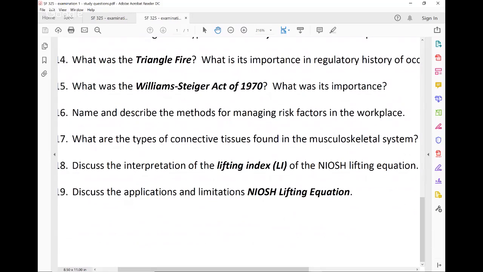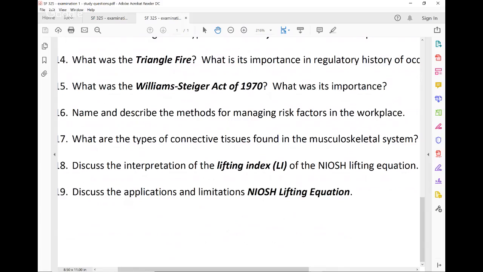Discuss the interpretation of the lifting index of the NIOSH lifting equation. Let's say that you do the equation and you get a lifting index.